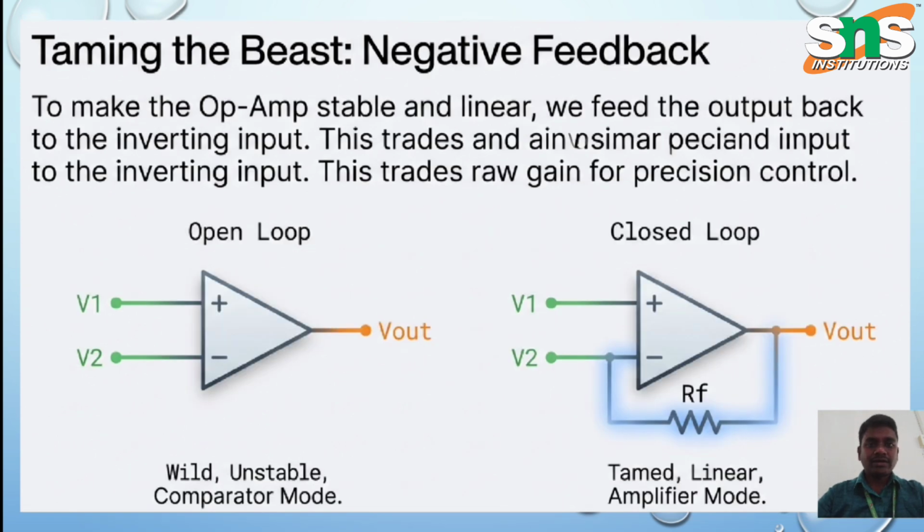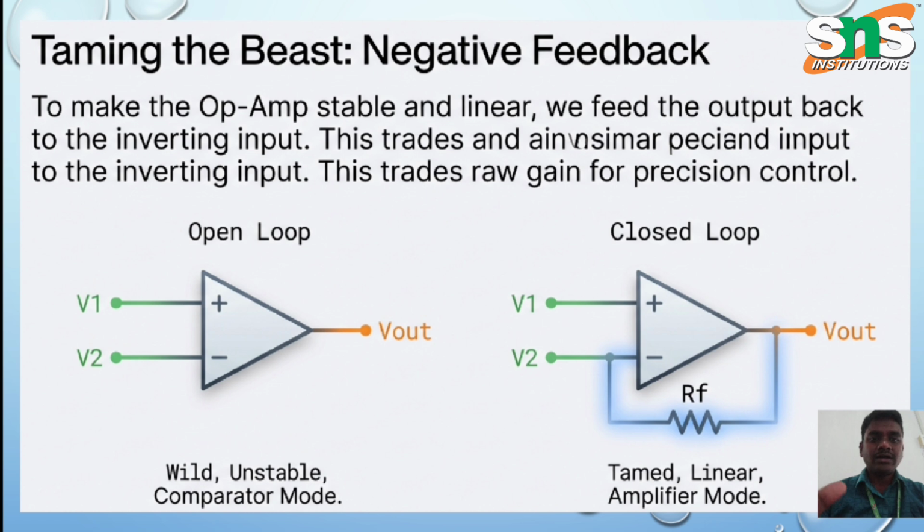Now, how negative feedback works, with open loop and closed loop. To make the operational amplifier stable and linear, we feed the output back to the inverting input. In the first diagram, the open loop, V1 and V2 are the inputs and Vout is the output.